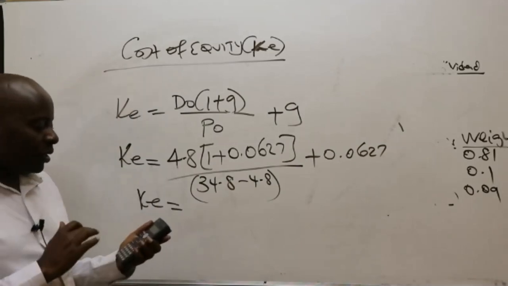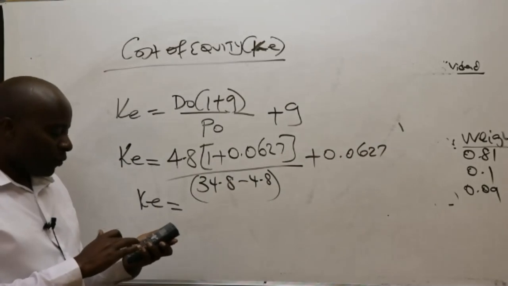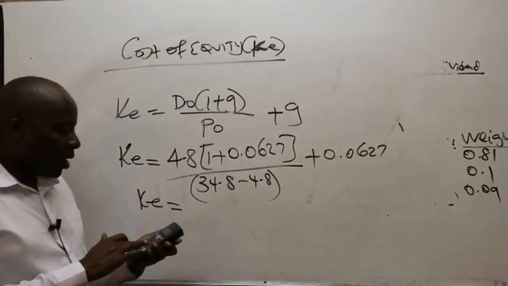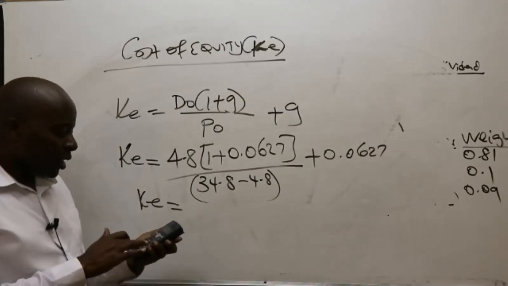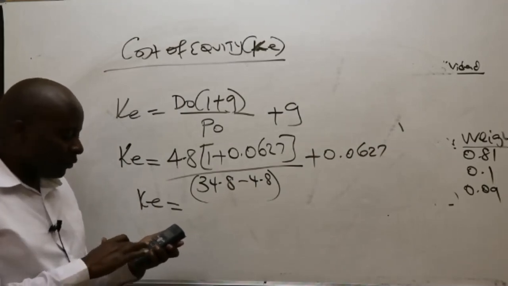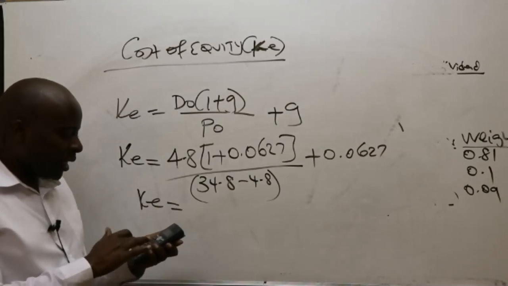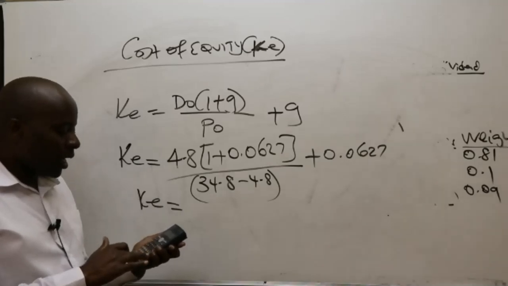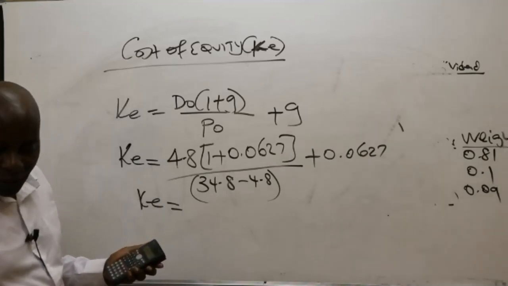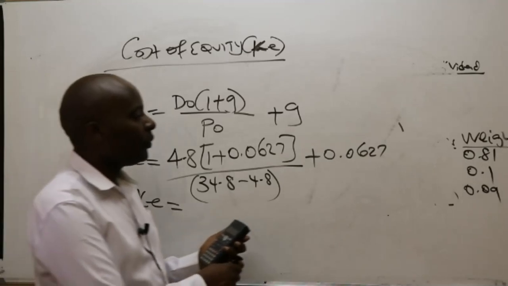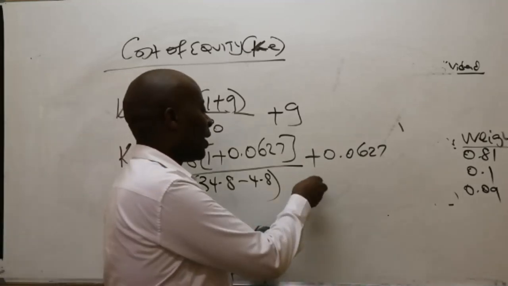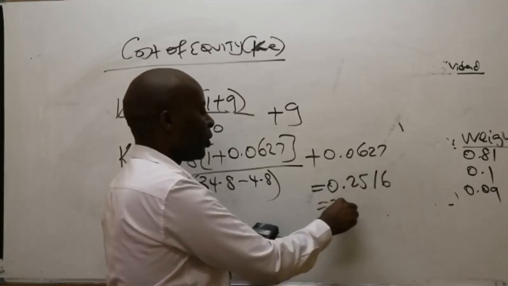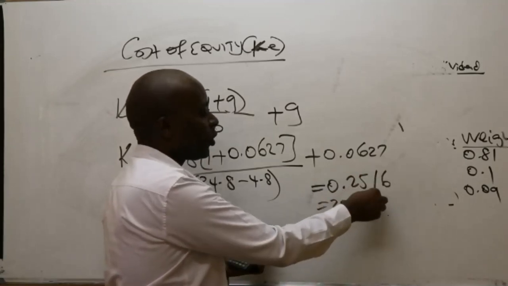We have 4.8 times open brackets 1 plus 0.0627 close, divide by open another bracket for my denominator, 34.8 minus 4.8 close, plus 0.0627, and then I get 0.2516, which is 25.16 percent.